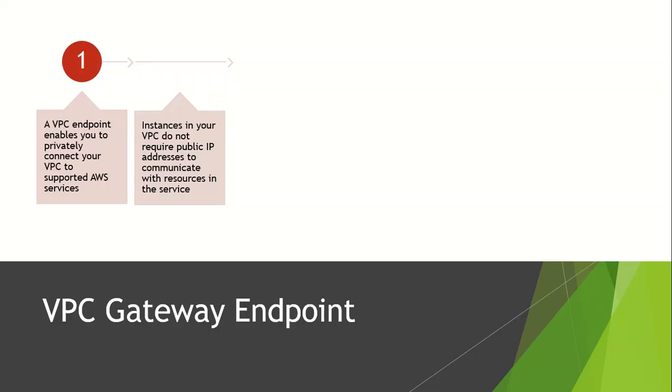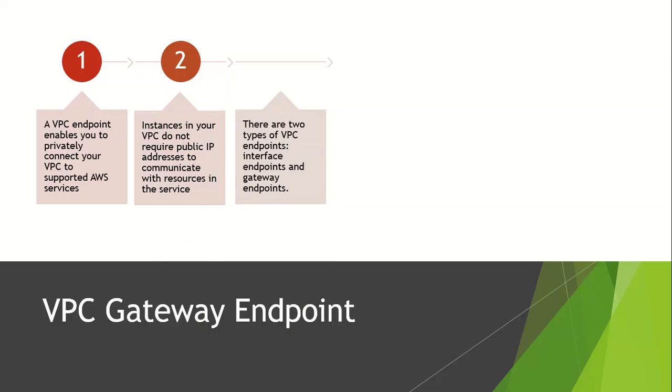But in case of an endpoint, the EC2 instance will use the private IP which has been assigned to it from the range which I have provided for the private subnet, and the same private IP would be used as a source to access those supported services in AWS.